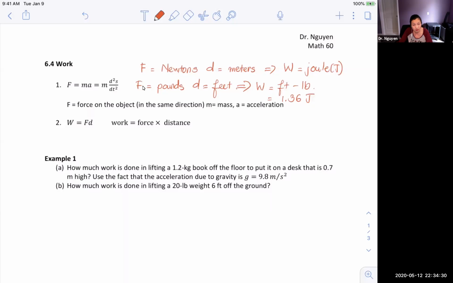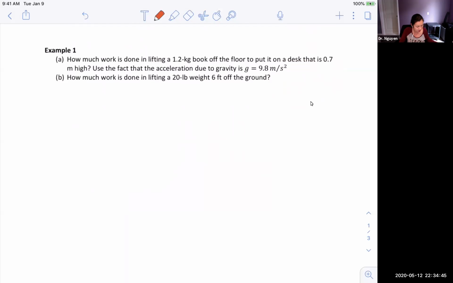But if the force is in pounds and d is in feet, then we have foot-pounds, okay? And a foot-pound is approximately 1.36 joules.